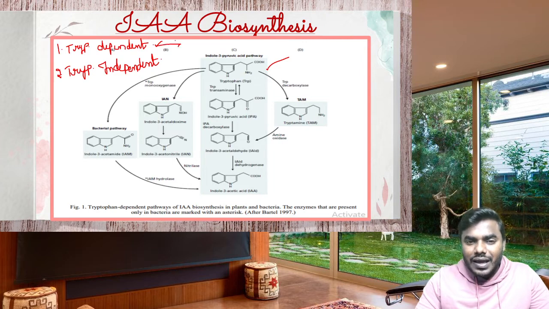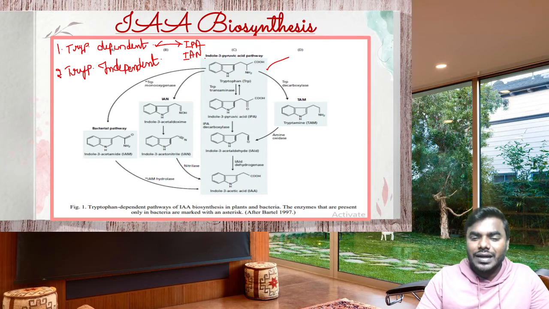Friends, there are many tryptophan independent pathways. One we call the IPA pathway, indole pyruvic acid. One we call the IAN pathway, indole acetonitrile pathway. Please kindly don't forget, indole acetonitrile pathway. Then another one, the IAM pathway, indole acetamide pathway.